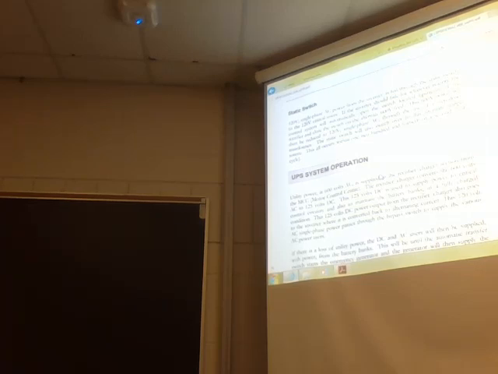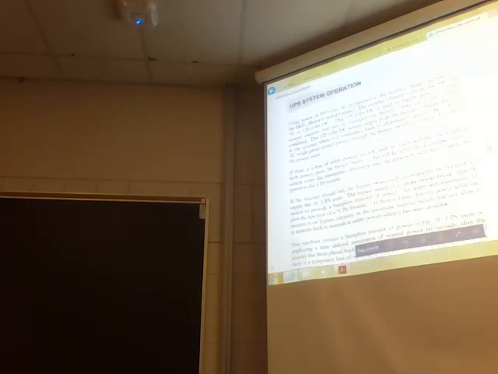So the UPS system operation. Utility power at 600 volts AC is supplied to the rectifier charger section from the motor control center. The rectifier charger converts the 600 volts AC to 125 volts DC.